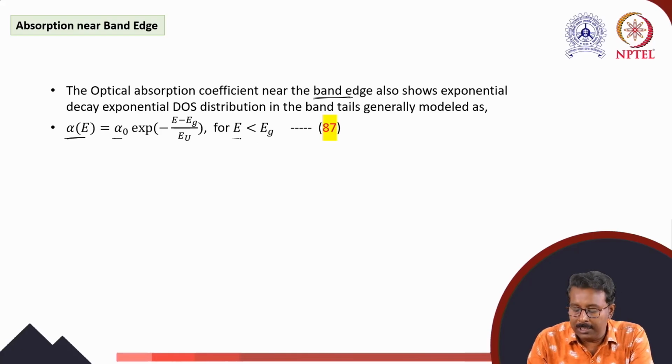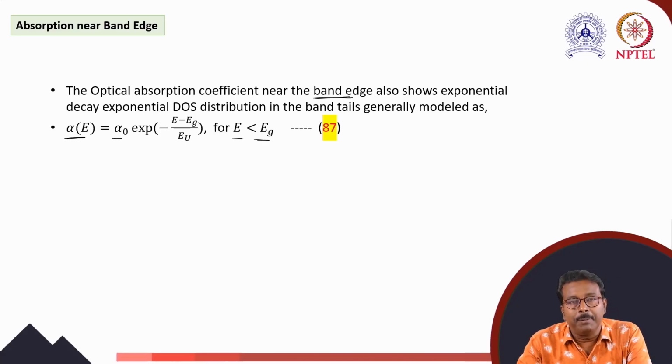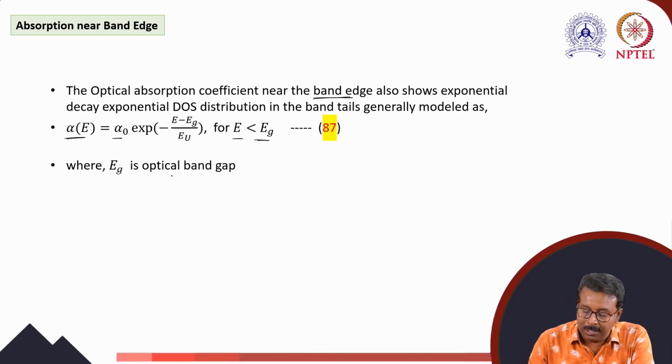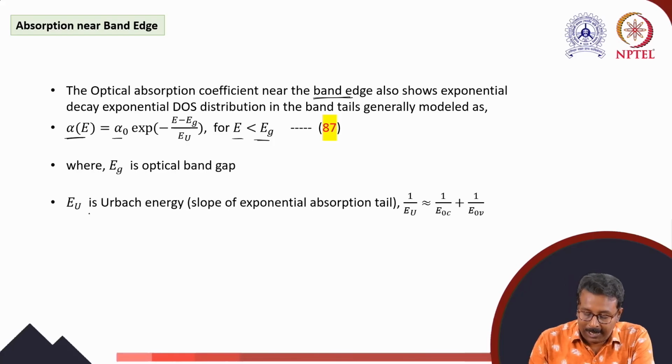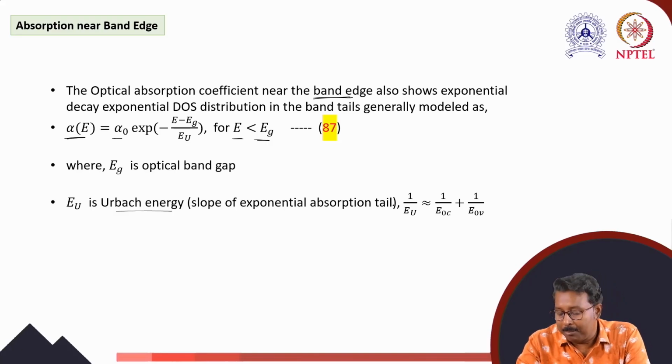Be careful, this is E less than Eg: energy below the band gap can also be absorbed. And Eg is the optical band gap, which means EC minus EV. This is called Eg. And Eu is nothing but the Urbach energy.